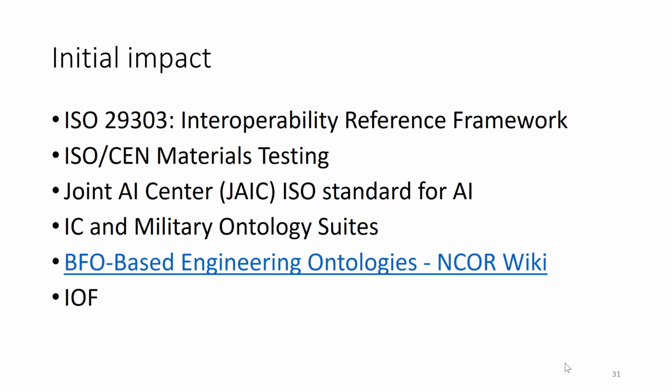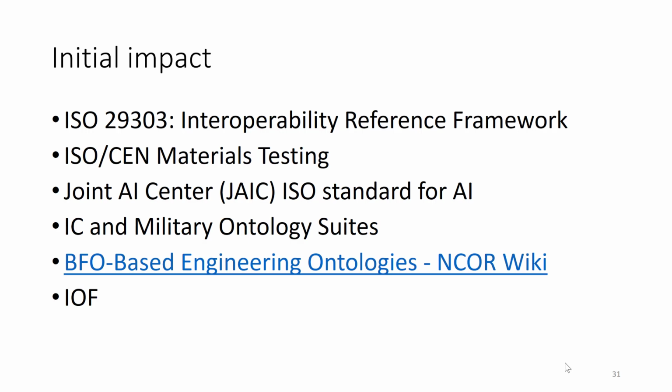And there is already some considerable impact in various corners. So there is an ISO standard in preparation called ISO 29303, which is on interoperability, which has been fashioned on the basis of ISO 21838. So it's a kind of descendant now of 21838.